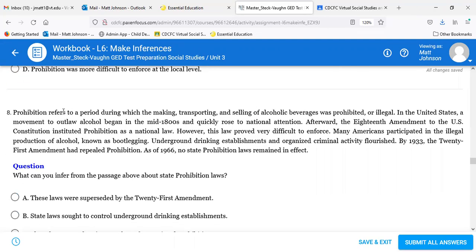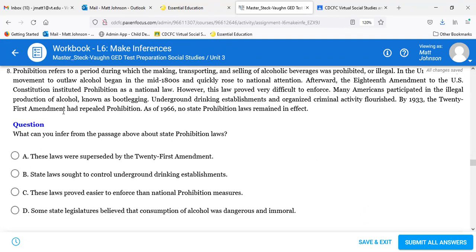Number 8, again, prohibition. Sasuke, you want to read number 8 for us? What can you infer from the passage above about state prohibition laws? A, these laws were superseded by the 21st Amendment. B, state laws sought to control underground drinking establishments.